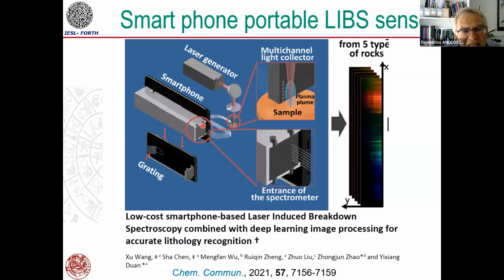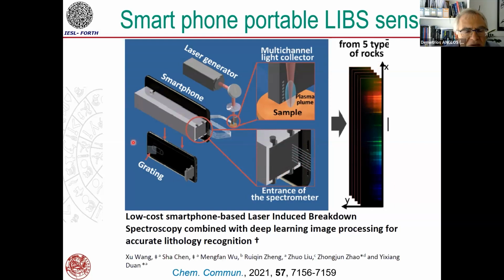So the line is analyzed through the grating, and then with a mirror is directed onto the lens of the camera and is detected by the camera. By calibrating the pixel number of the smartphone camera with certain known lines, one can actually get spectra of those. You see spectra more or less here.